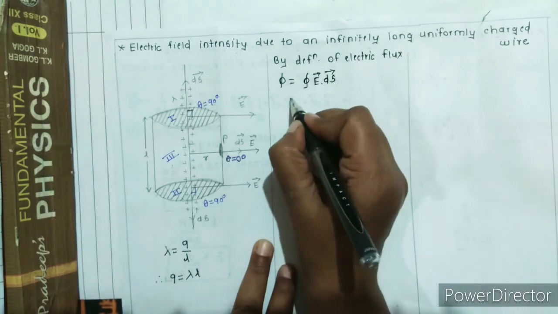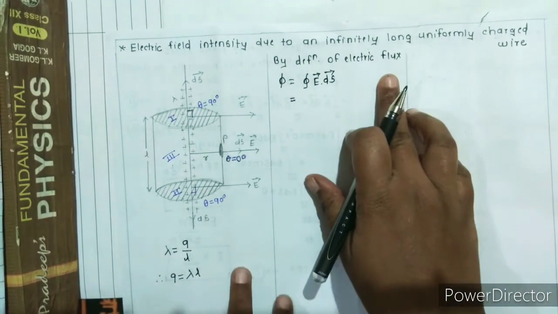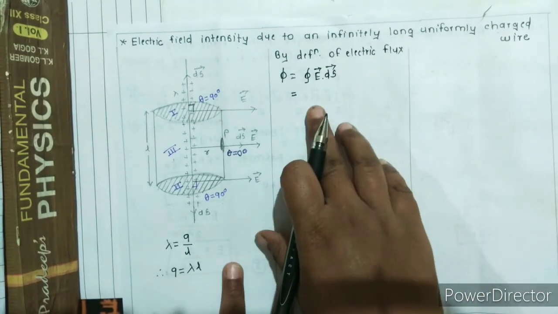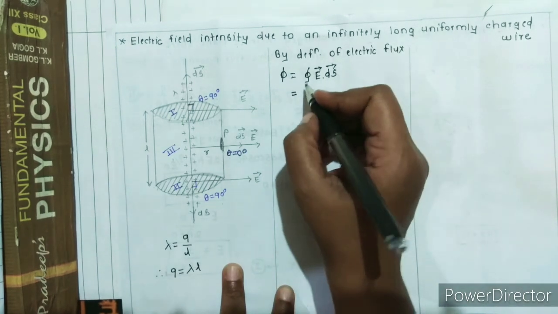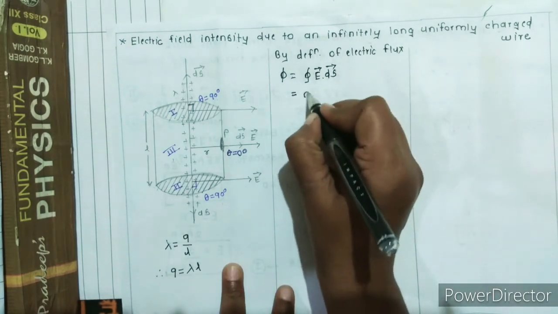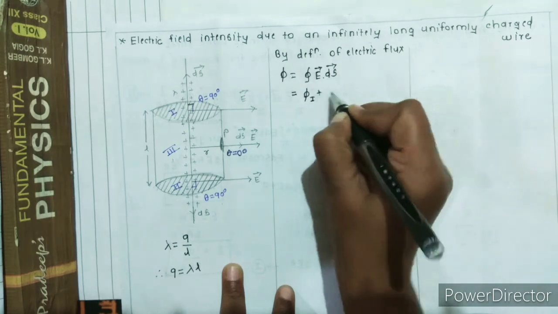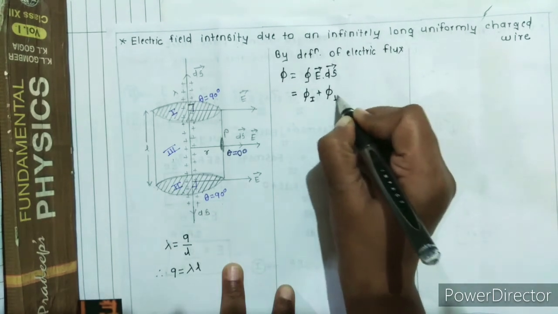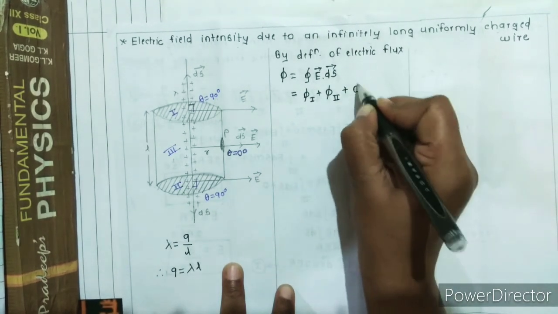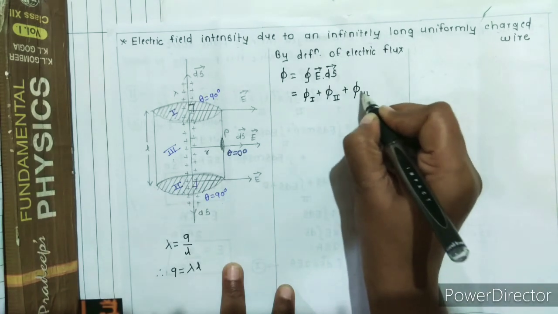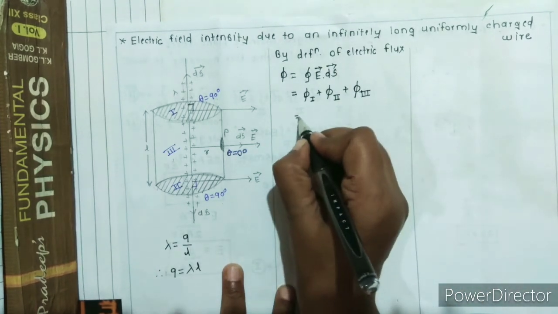Now as we know that electric flux is a scalar quantity, so I can write the electric flux through region 1 plus electric flux due to the region second and electric flux due to the region third. That means I can add it algebraically.